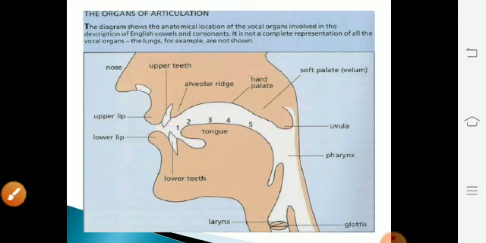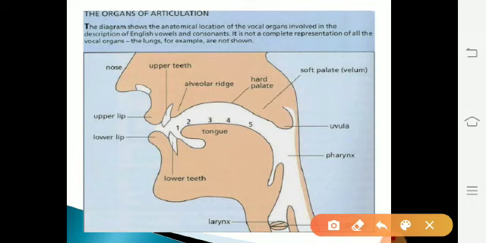Okay, now we are going to talk about the articulators. Some articulators move during the production of speech sounds. These are termed as active articulators. The lower lip and the tongue are active articulators.